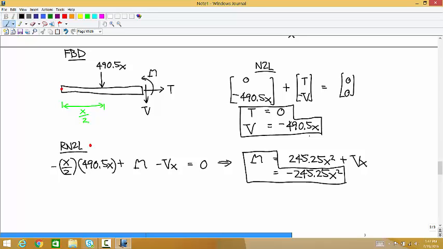Okay, so there are 6 relationships between, well, really there's 2 relationships between these internal load variables, and then some other things that we can look for. And I use those just to troubleshoot my answer at the end.